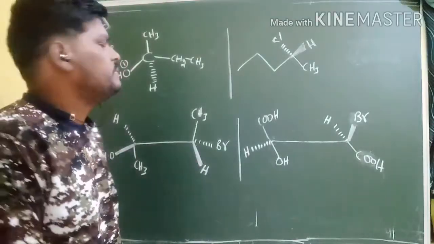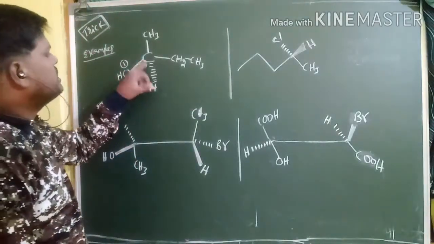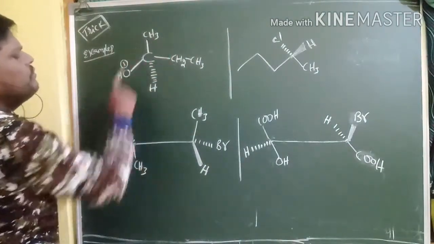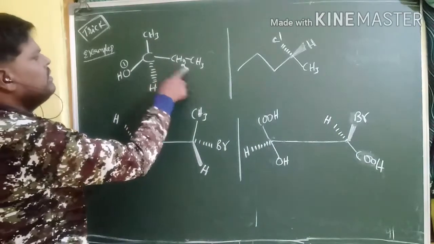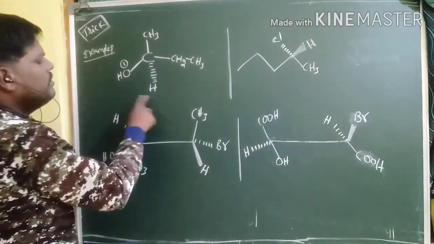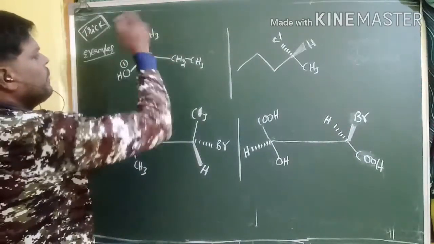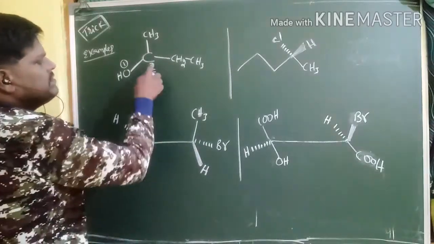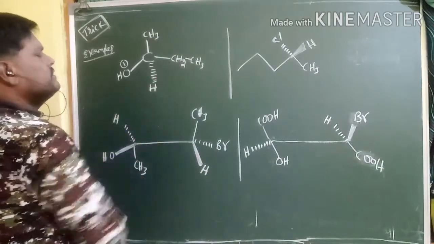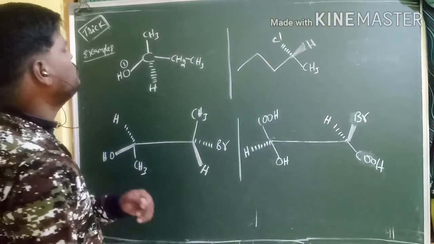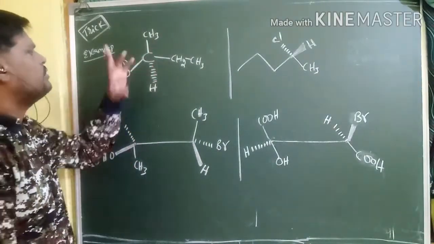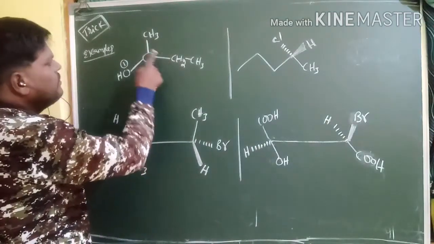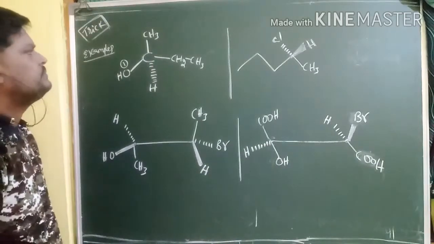Next example. Coming to this example, this carbon is surrounded by 4 different groups: ethyl, methyl, alcohol, hydrogen. That's why this carbon is called an asymmetric carbon or chiral center, right? So now I am going to give priority to these 4 different groups. Here the center atom is oxygen, here the center atom is carbon, and here the center atom is carbon.